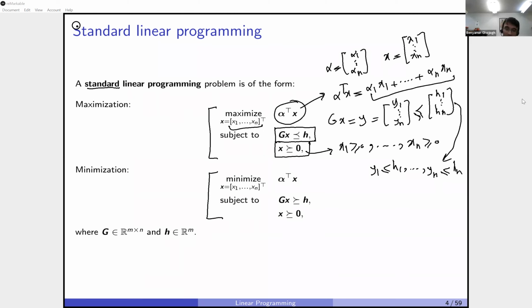But one important thing for a standard problem, either it's maximization or minimization, the variables are greater than or equal to 0. So usually, and you will see even in practical optimization problems, it is usually the case that we have non-negative optimization variables. And G is a matrix and h is a vector.